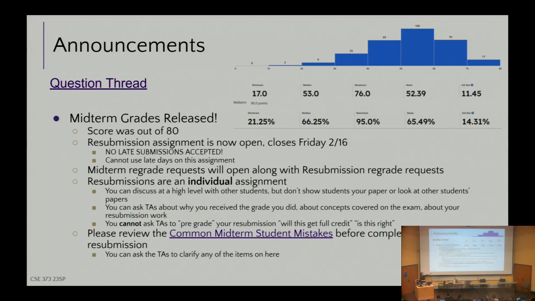And if you're trying to figure out how to ask the TA about something, you can ask them about anything on the common mistakes, because that's general, we're not talking about your answer. You can talk to the TAs about anything that's in that doc.